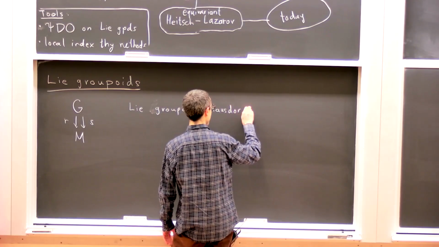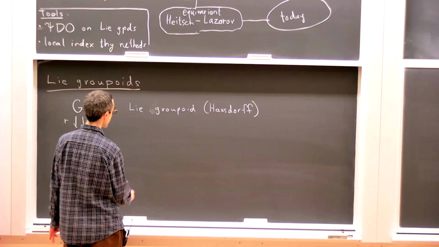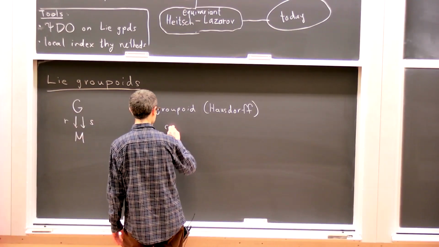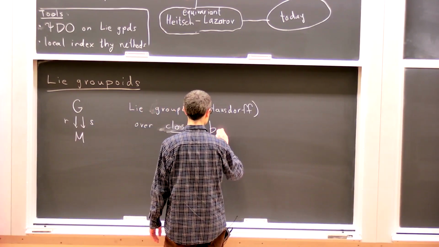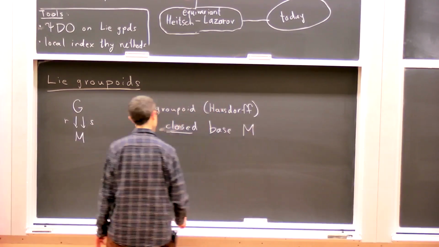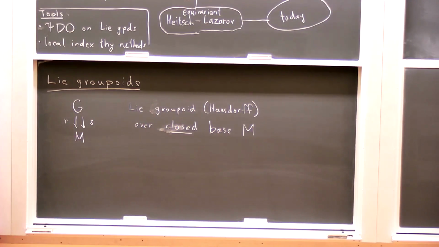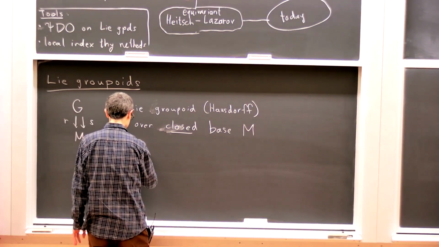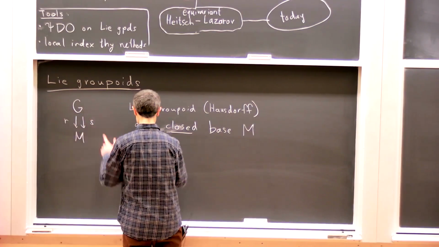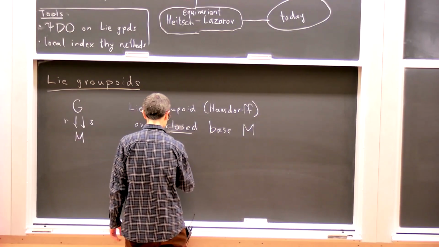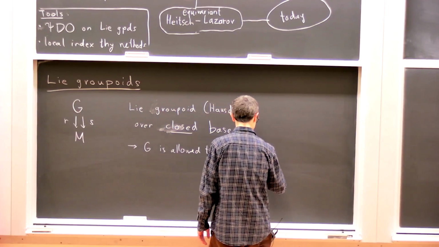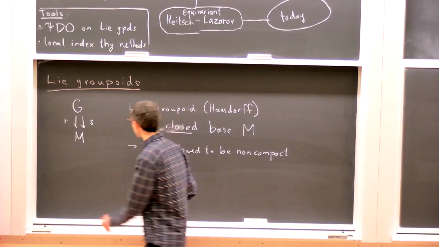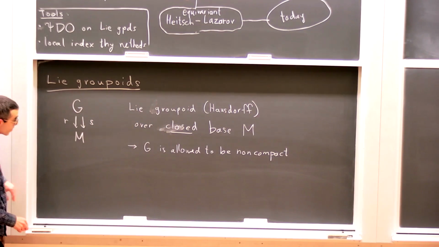You might be able to relax this, but I'm going to assume that it's Hausdorff over a compact, in fact closed, I'll emphasize no boundary, closed base manifold M. But I'll emphasize right away that the groupoid G is allowed to be non-compact. And in fact, in the interesting examples, it's almost always non-compact. For example, in the foliation case, G will be non-compact.